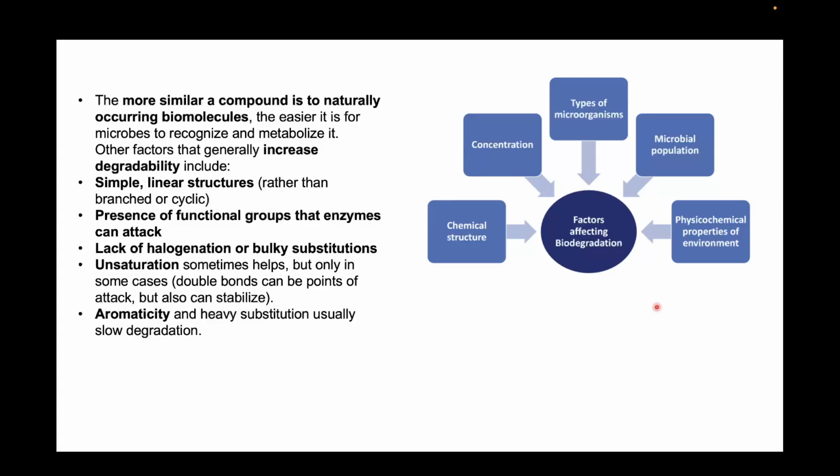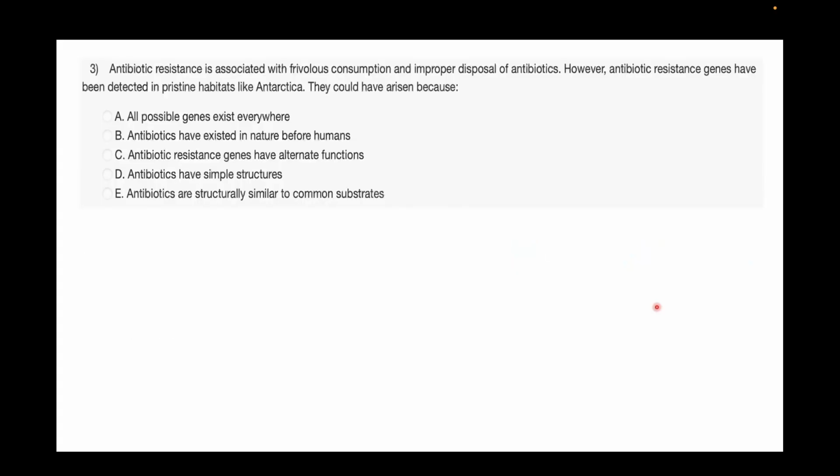Okay, coming to question number 3, which is a problem based question. Antibiotic resistance is associated with frivolous consumption and improper disposal of antibiotics. However, antibiotic resistance genes have been detected in pristine habitats like Antarctica.